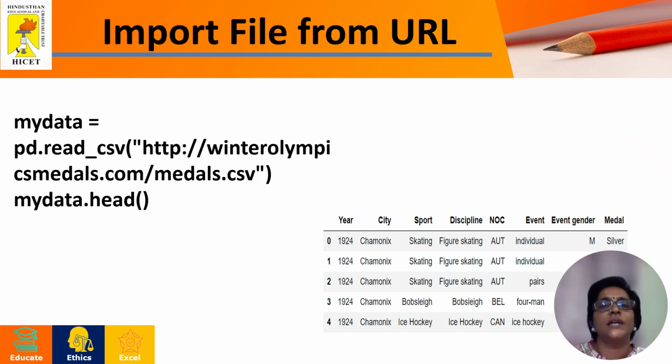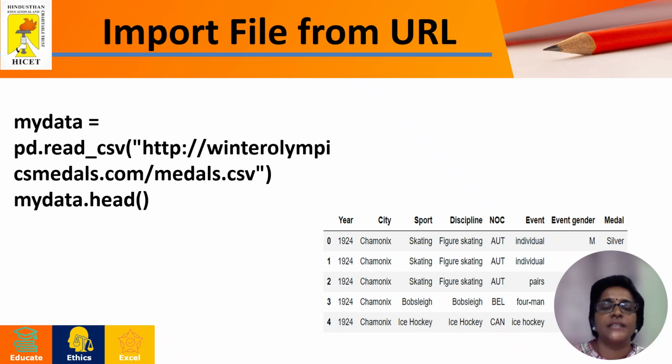Next, we are going to import a file from a website location. So we are going to use the read_csv function, and within the read_csv function, we are going to include the URL information.